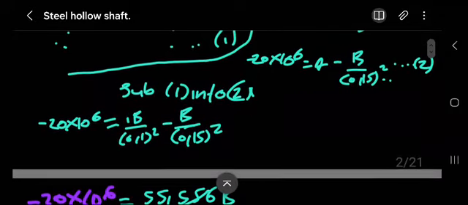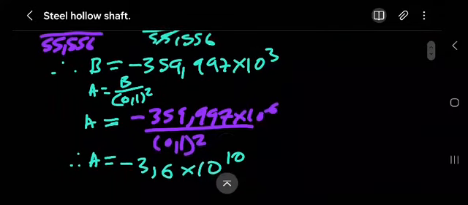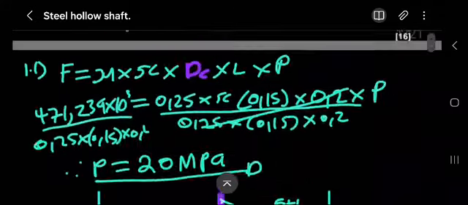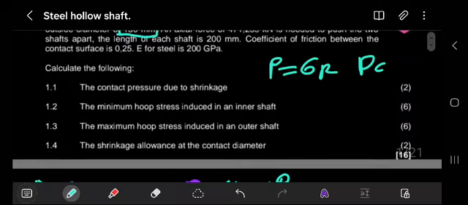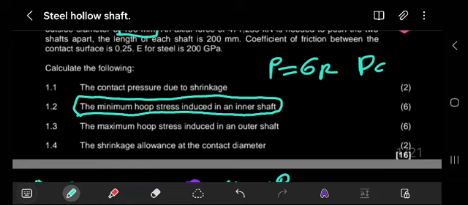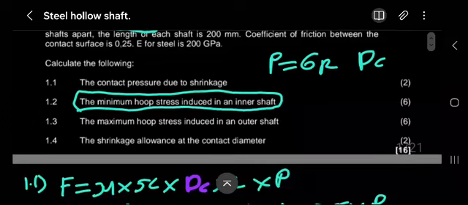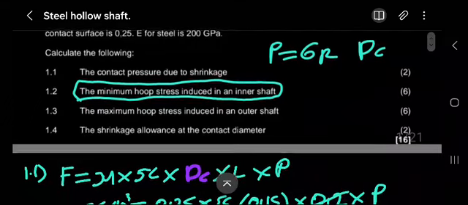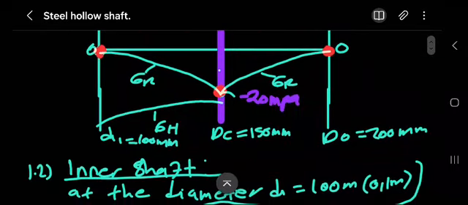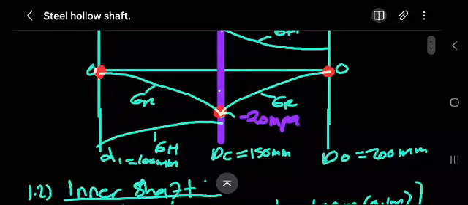Now we have the value of A and B. Here we're supposed to calculate the minimum hoop stress induced in the inner shaft. Where are you going to find the minimum?